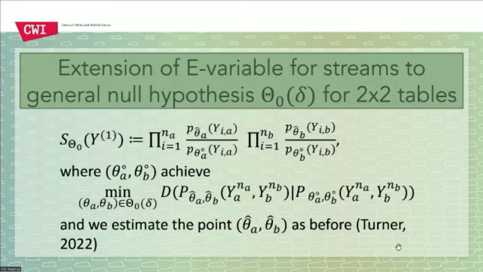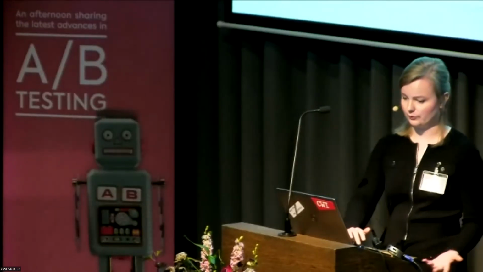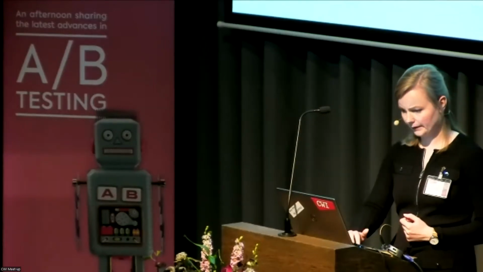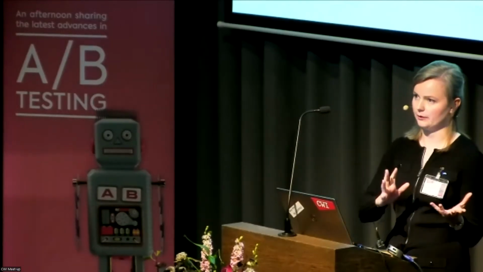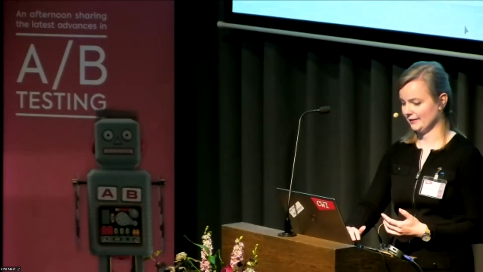The details are in one of our papers, but the only key point is that for this expression to hold, we need this parameter space to be convex. And if this does not hold, the expression becomes a bit more intricate. You can also read the technical details of that in our paper.